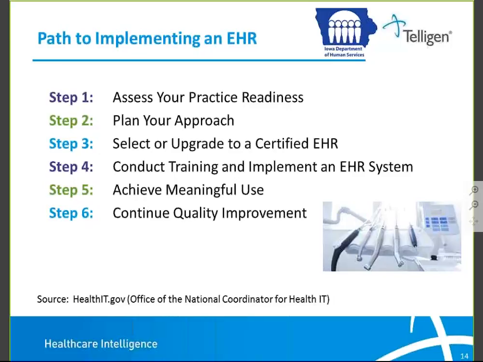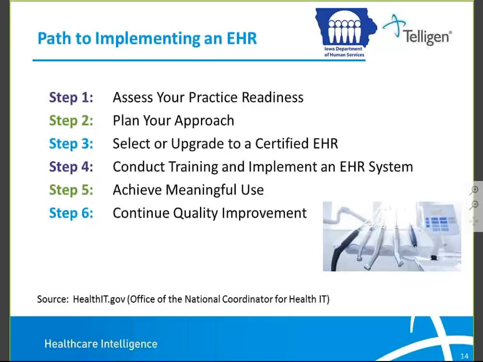The source for this 6-step process is healthit.gov, which is spearheaded by the Office of the National Coordinator for Health IT, the ONC for short. They funded, for approximately a 5-year period, the HIT regional extension centers throughout the United States.